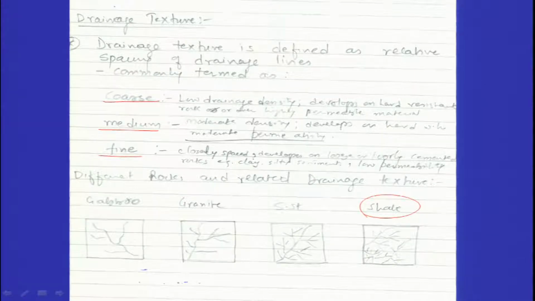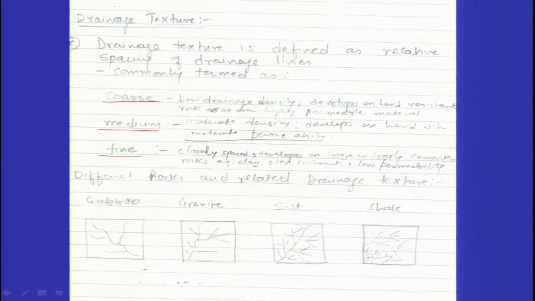This gives some similarity to a dendritic pattern, but it will be closely spaced. I was showing one example from the Great Rann of Kutch that shows a very typical fine drainage texture. So, this also can help you in identifying.